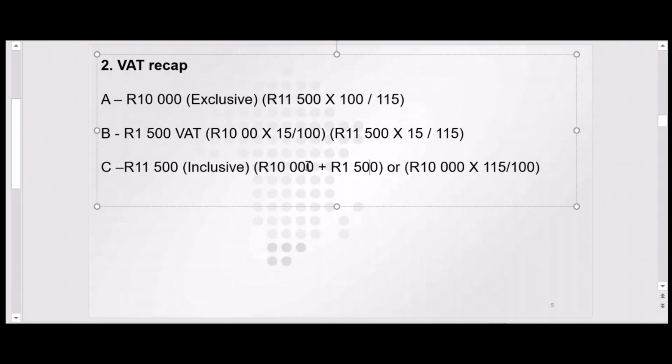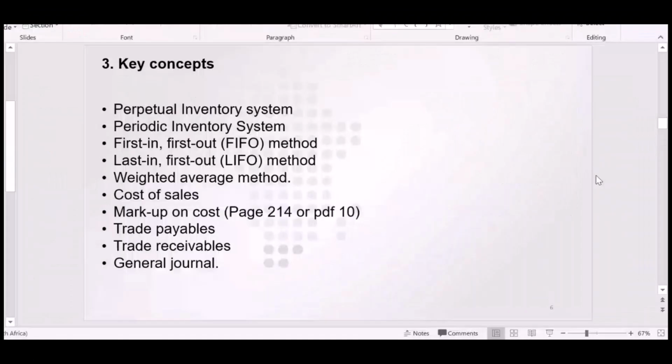Okay, let's move over that and look at the common concepts on the topics that we'll be learning on these two study units, number 7 and 6.